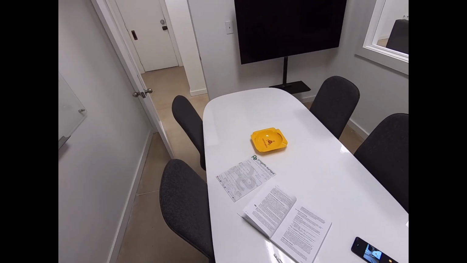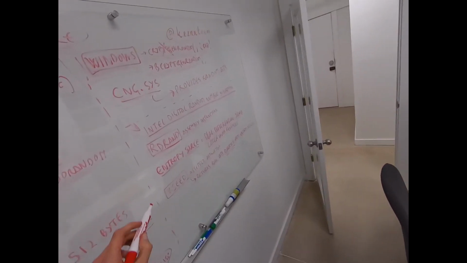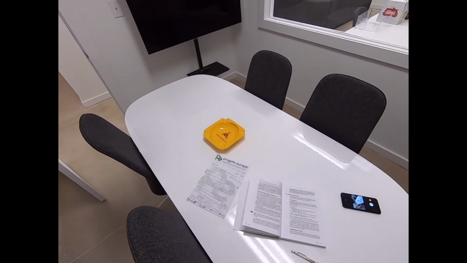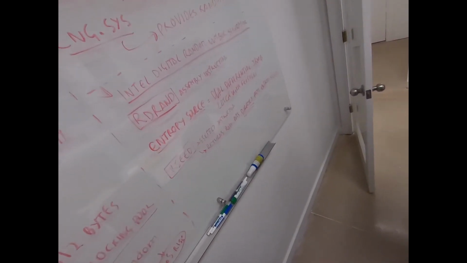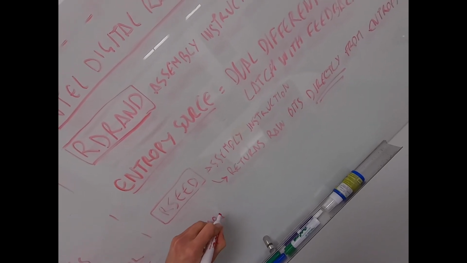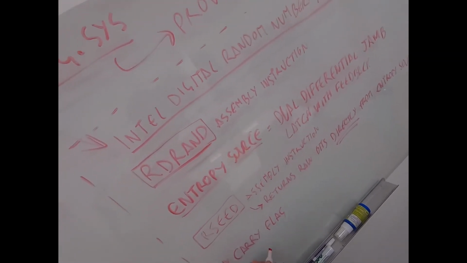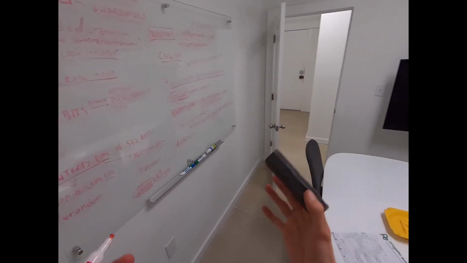Last thing we need to know about this Intel implementation is that after you call these assembly instructions, there is a flag value called the carry flag, which is either 0 or 1, true or false.